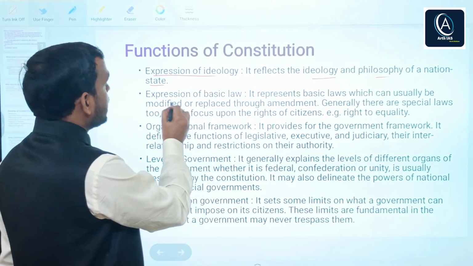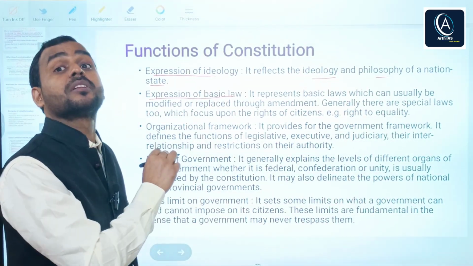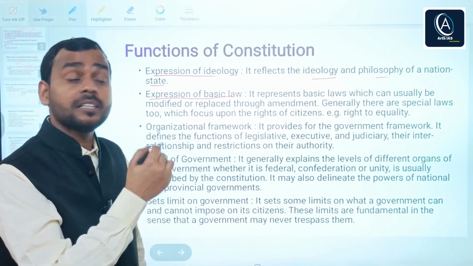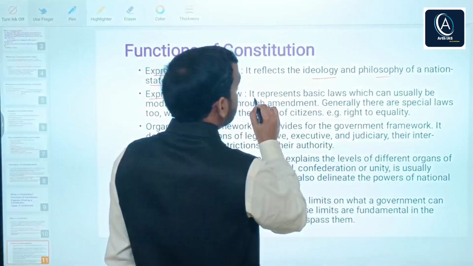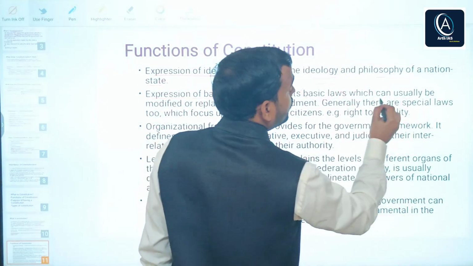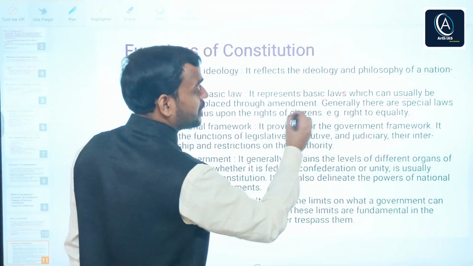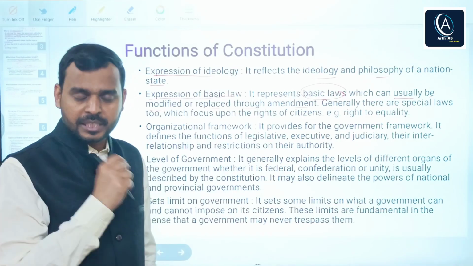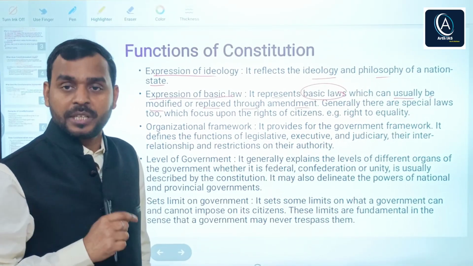Again, expression of basic law. As the constitution is a basic or fundamental law of the land, it expresses the basic law. And it represents basic laws which can usually be modified or replaced through amendments. Take the example of the Indian Constitution, it is called a living or organic document.